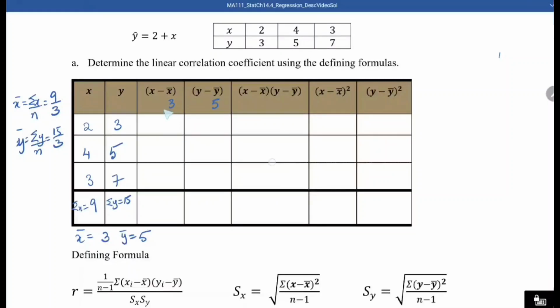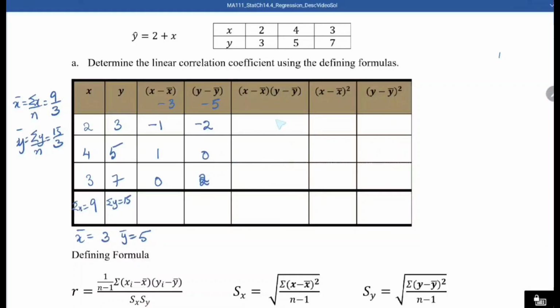Now we can complete the next two columns. Take the x value and from it subtract 3. So 2 minus 3 is negative 1, 4 minus 3 is positive 1, 3 minus 3 is 0. For y minus y bar, take your individual y values and from them subtract 5. So 3 minus 5 is minus 2, 5 minus 5 is 0, 7 minus 5 is a positive 2.